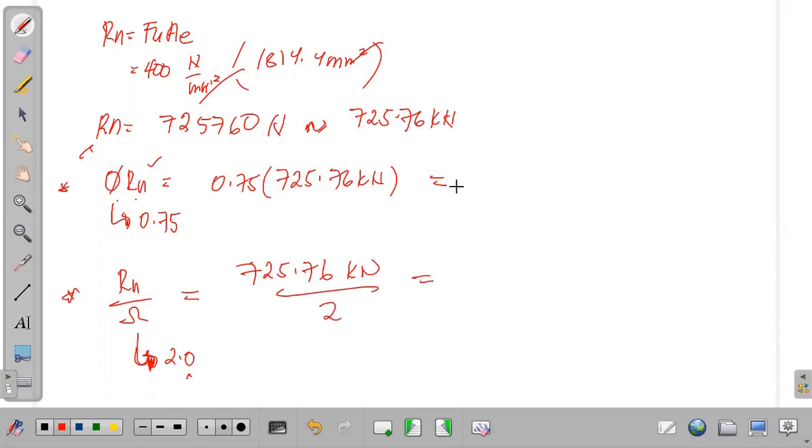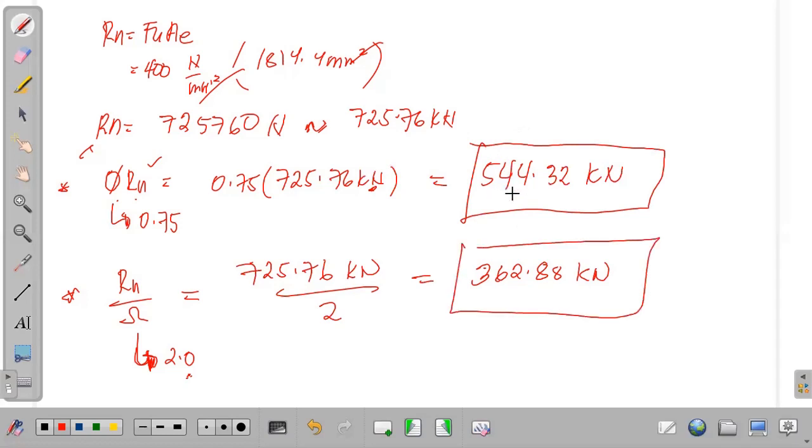So what is our allowable tensile strength against rupture? 544.32 kilonewton, and then the allowable tensile strength against rupture is equal to 362.88 kilonewton. So this is our answer: the 544 is the design tensile strength against net fracture, and the 362.88 is the allowable tensile strength against rupture.